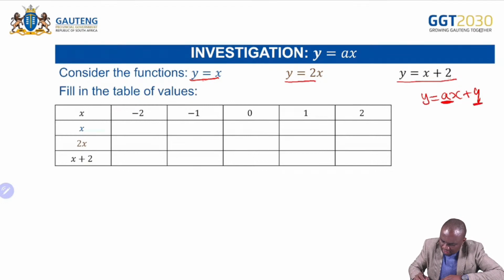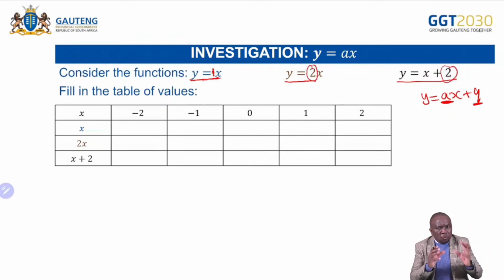In this case, the q is this 2, and the a is this 2; here a is 1. So if the a changes from 1 to 2, what happens to the function? And if there's a plus 2 there, what happens to the function? Just highlights in 3 minutes.